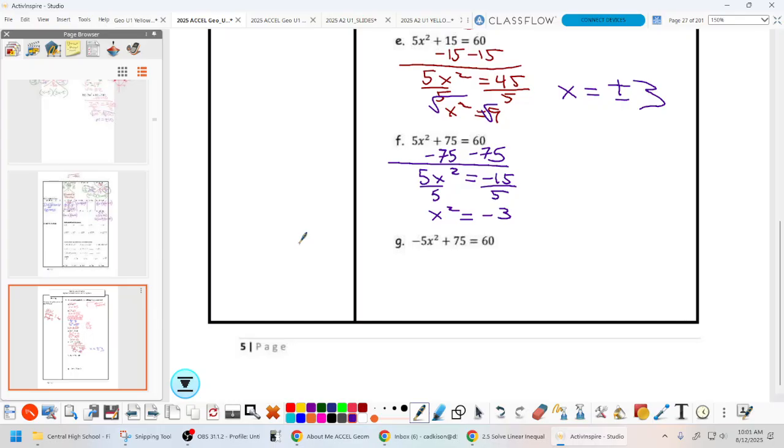So there is no such number that multiplies by itself and makes negative 3. Right? In Algebra 2, we're going to circumvent that issue and go into the imaginary number system, which sounds like I'm telling you a fairy tale, but it's real, like we actually do it. So for this one, there's no real solution.